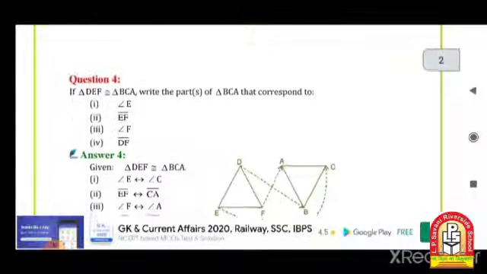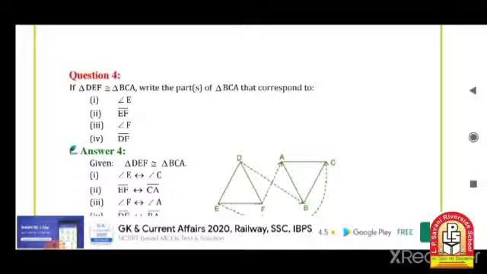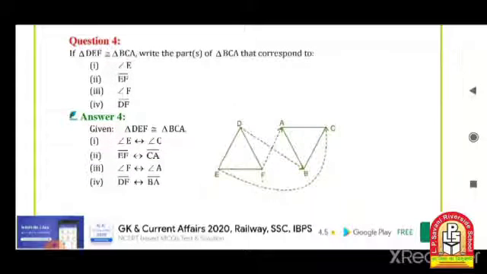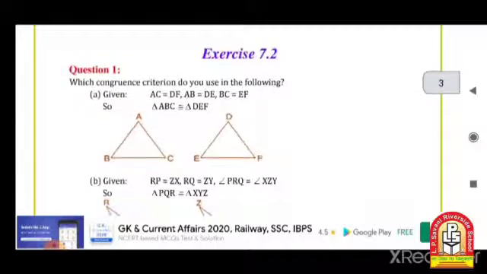Then after, in question number 4, you have to prove that triangles DEF and BCA are congruent. Then the further conditions are the same or not. So in exercise 7.2, given AC is equal to DF, AB is equal to DE and BC is equal to EF, we have to prove that triangle ABC and triangle DEF are congruent.